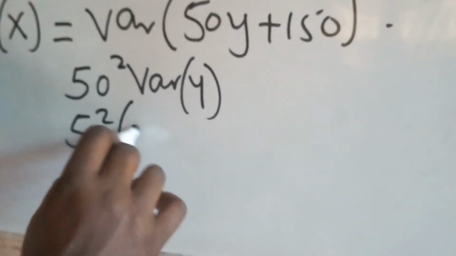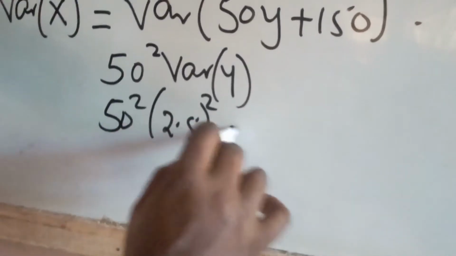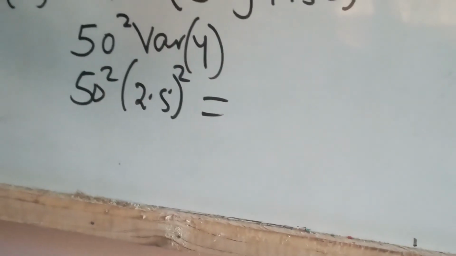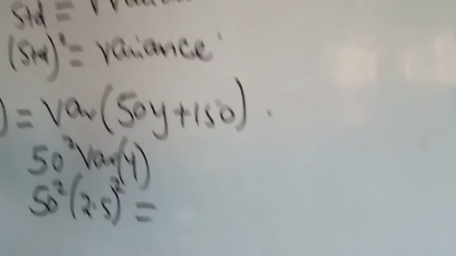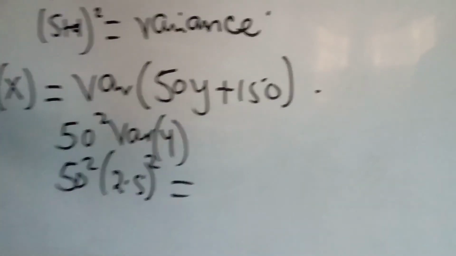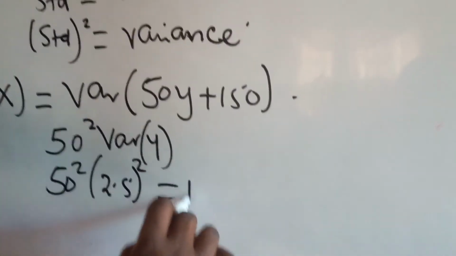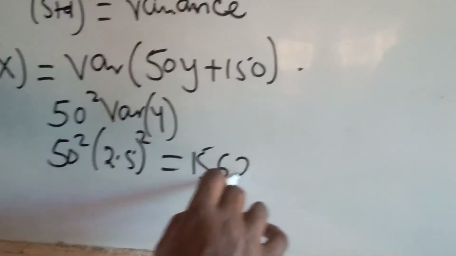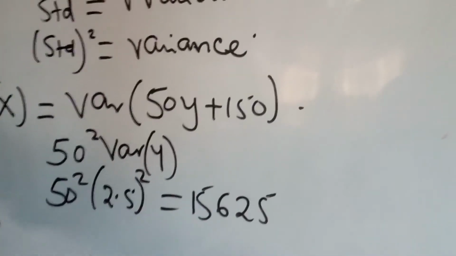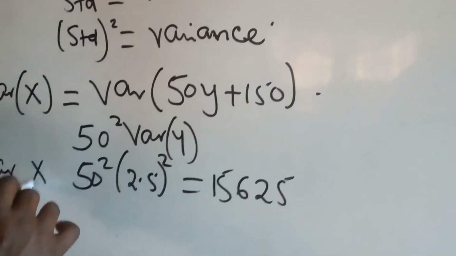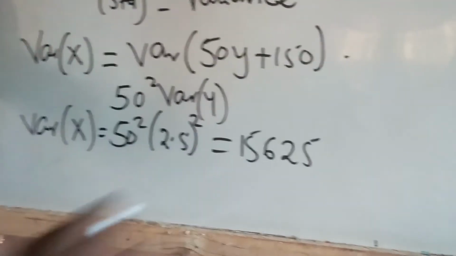So that means 50 squared multiplied by 2.5 squared gives 15,625. Remember, this is the variance of x.